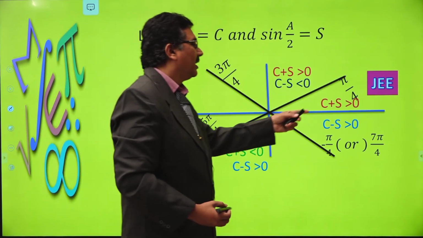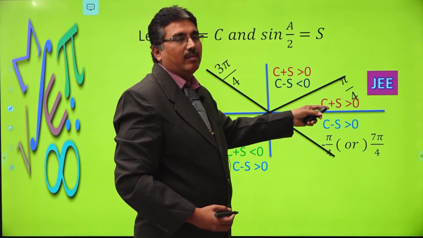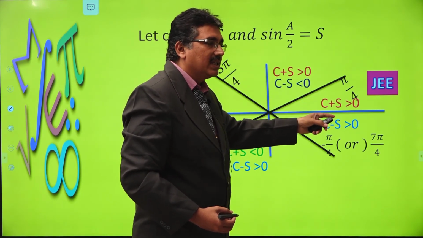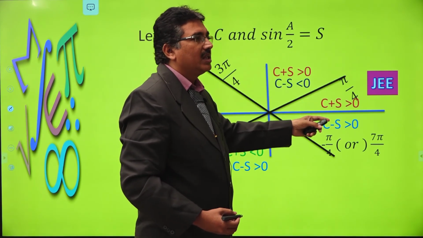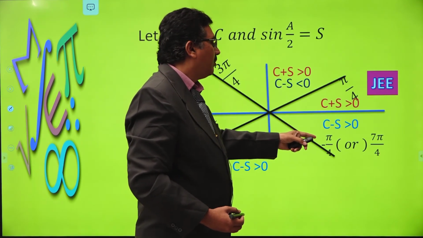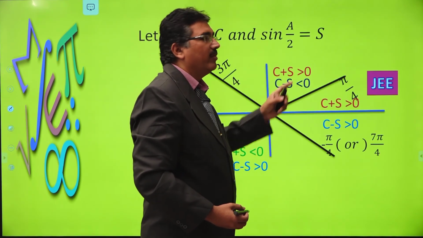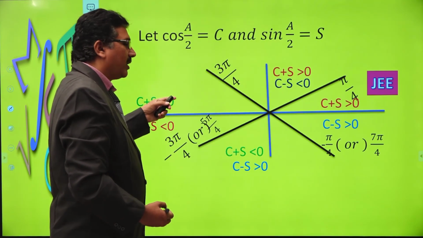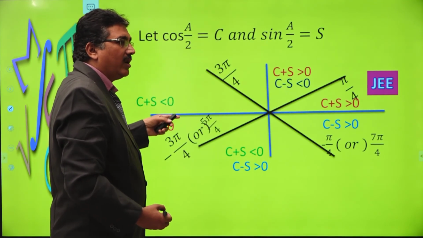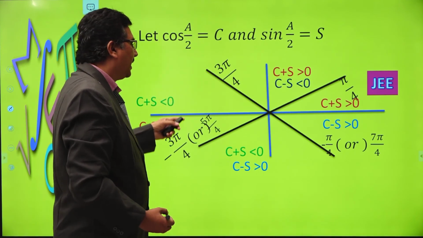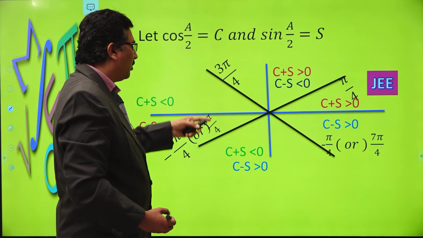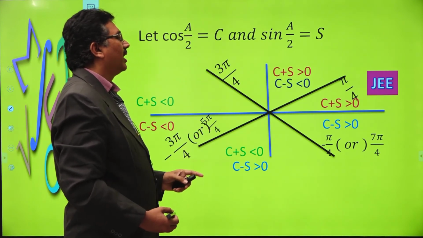Here in this region both c plus s and c minus s are positive, that is in the region minus pi by 4 to pi by 4. Right. In this region c plus s and c minus s are negative, that is in the region 3 pi by 4 to 5 pi by 4.